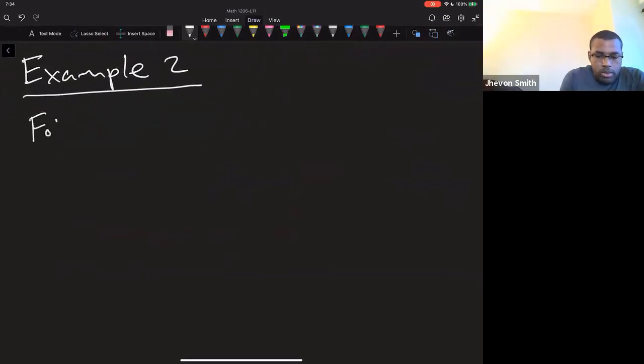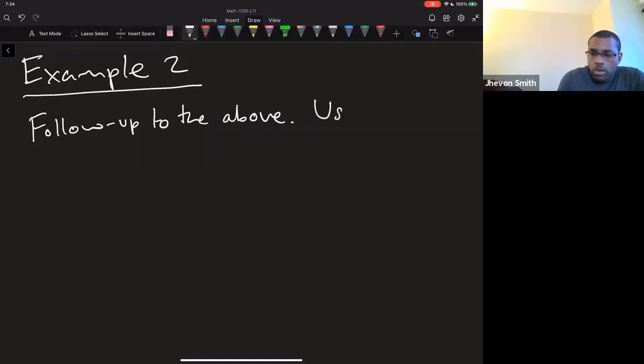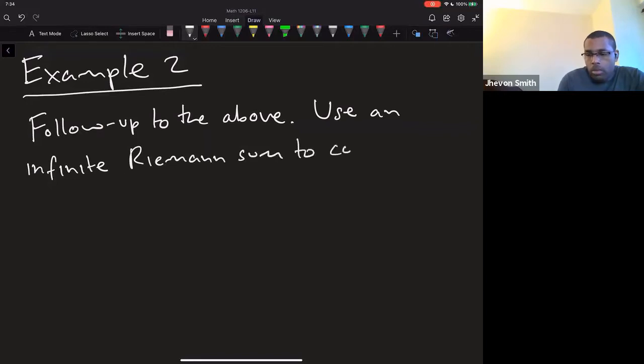Follow up to the above: use an infinite Riemann sum to compute the exact area under the curve.